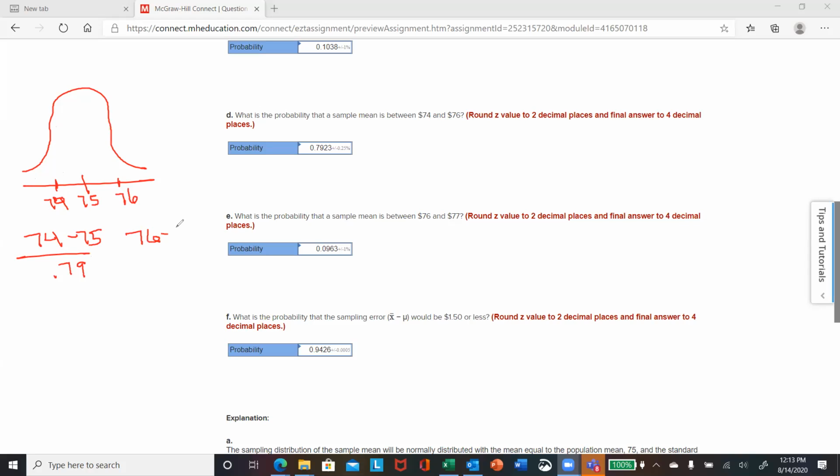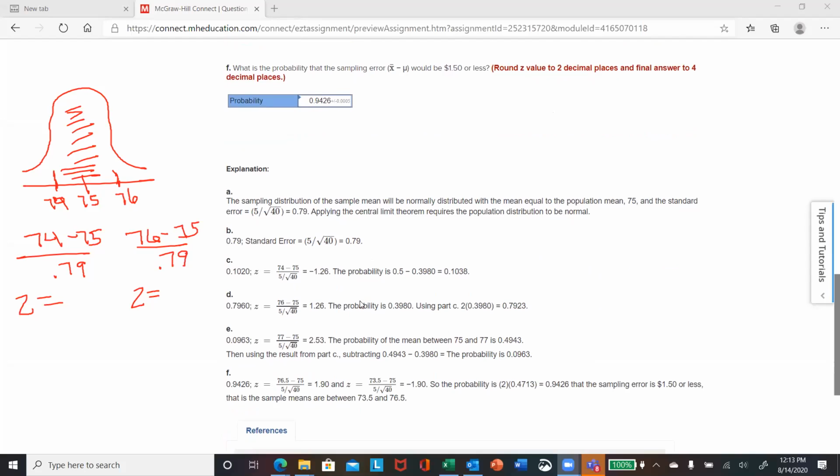And then you have 76 minus 75, divide that by 0.79. Because you're looking between these two, once you get the individual Z values, look up the areas, then you simply add those together to get the probability. And on letter D, it looks like they're showing you this right down here.